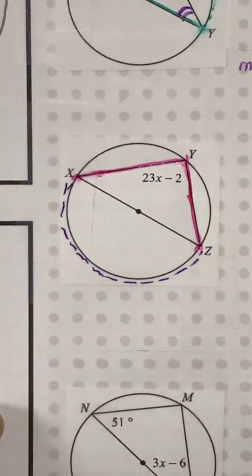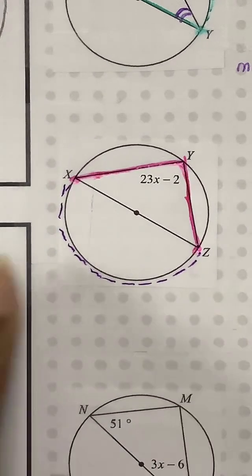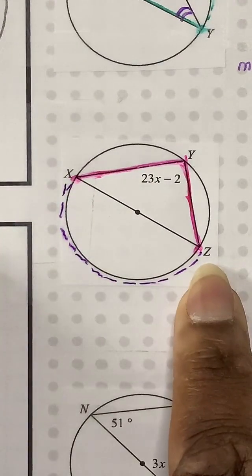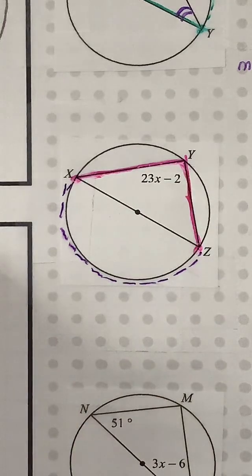It's the inscribed angle. So with it being an inscribed angle, this is going to be half of what goes on in here.